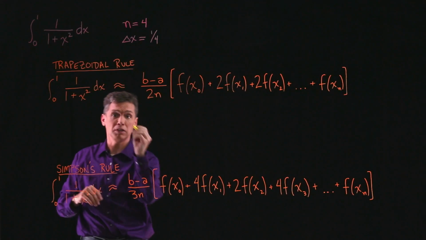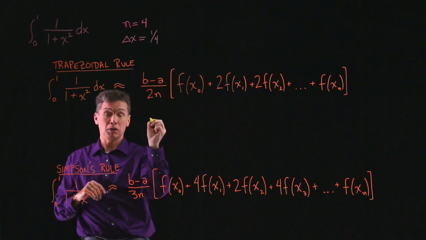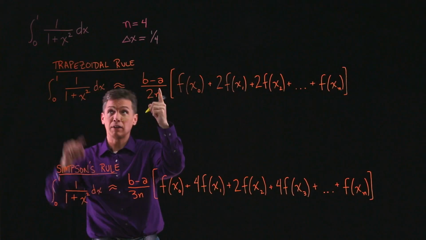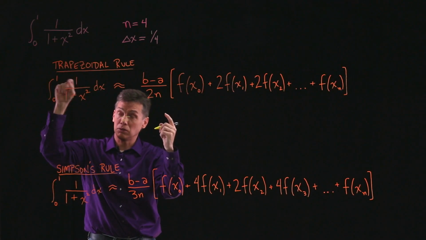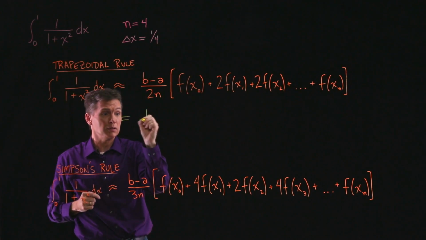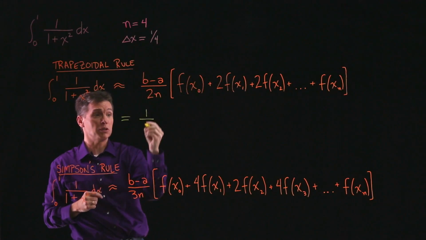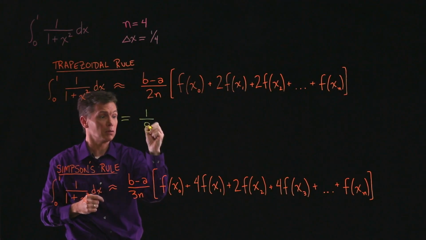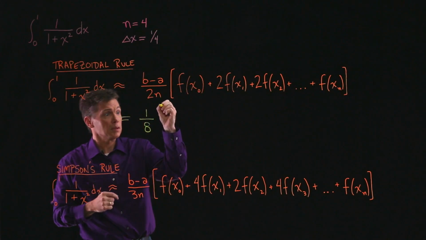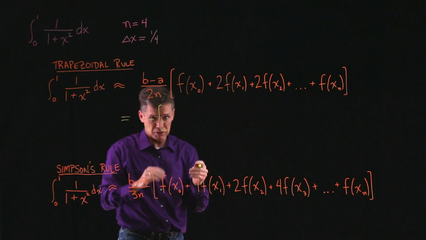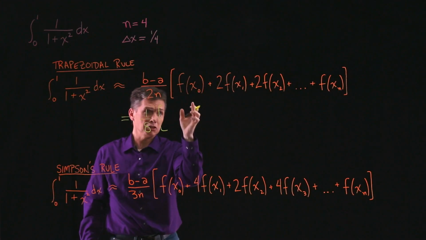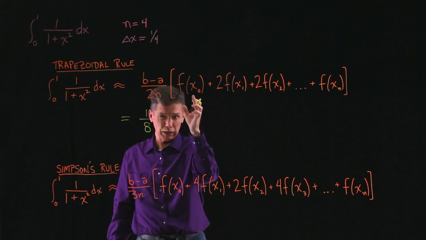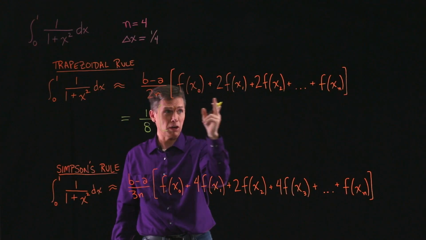So always get a handle on your delta x, and then try to jump into the formula. The formula for us here, for the trapezoidal rule, is b minus a, again that's 1 minus 0, which is 1, divided by 2 times your n value, so we get 1 divided by 8 there. For my first step filling into this formula, let's make sure we know where we're going into our function with each of these arguments.